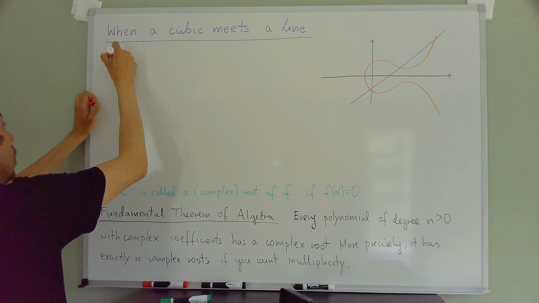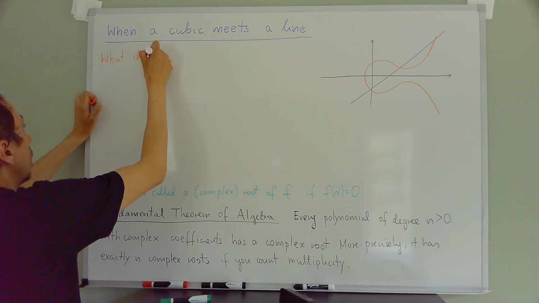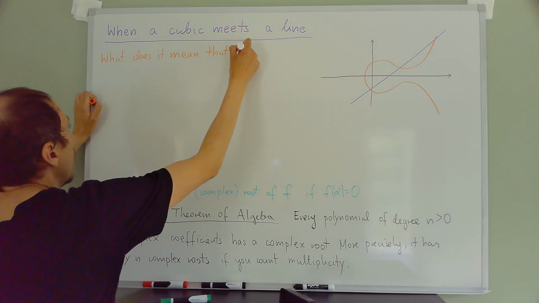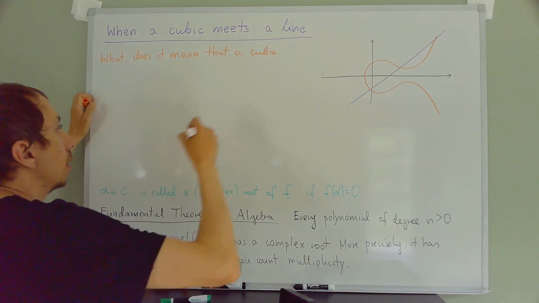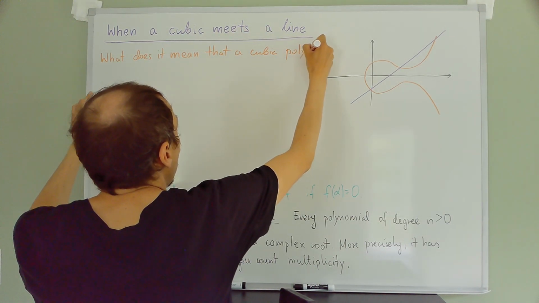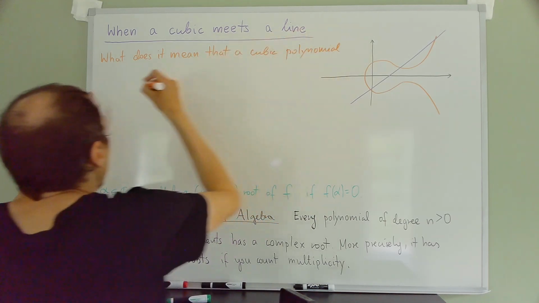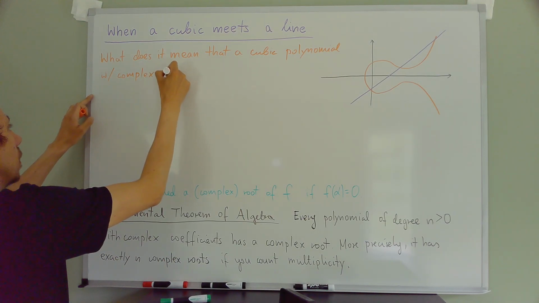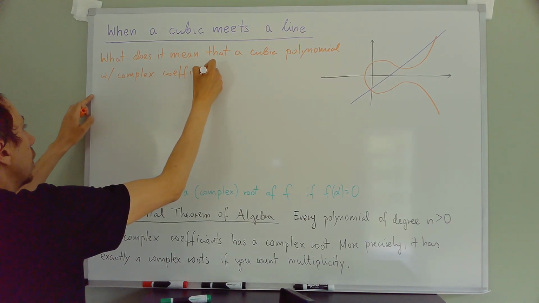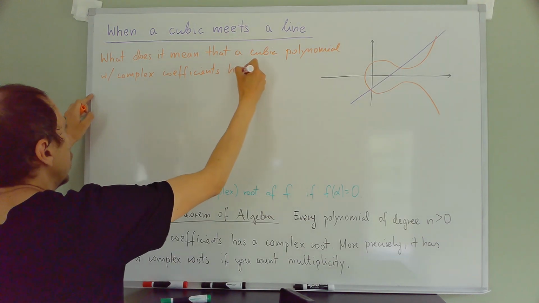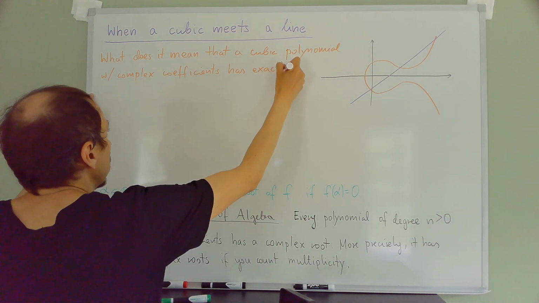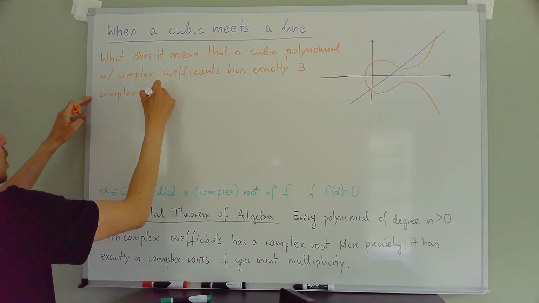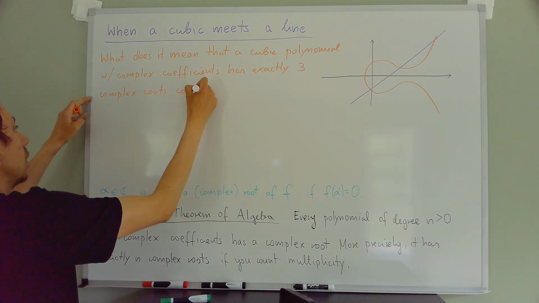So what does it mean that a cubic polynomial with complex coefficients has exactly three complex roots counting multiplicity?